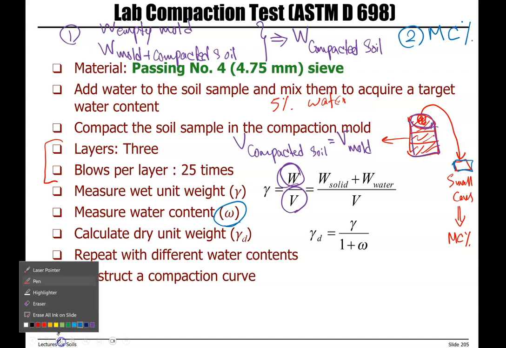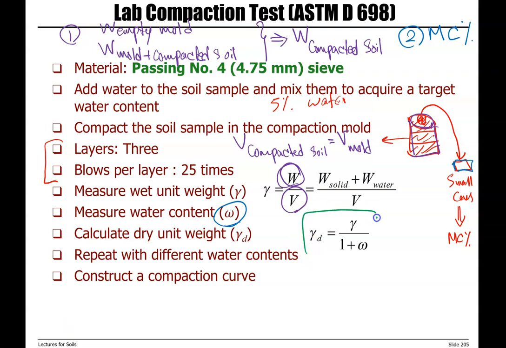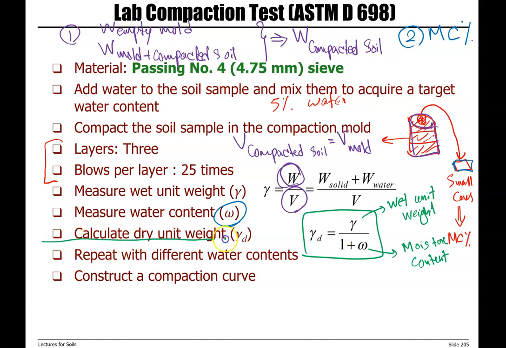Now that we have wet unit weight and moisture content, we can calculate dry unit weight. So at this point here, we have our first data point, moisture content and corresponding dry unit weight.